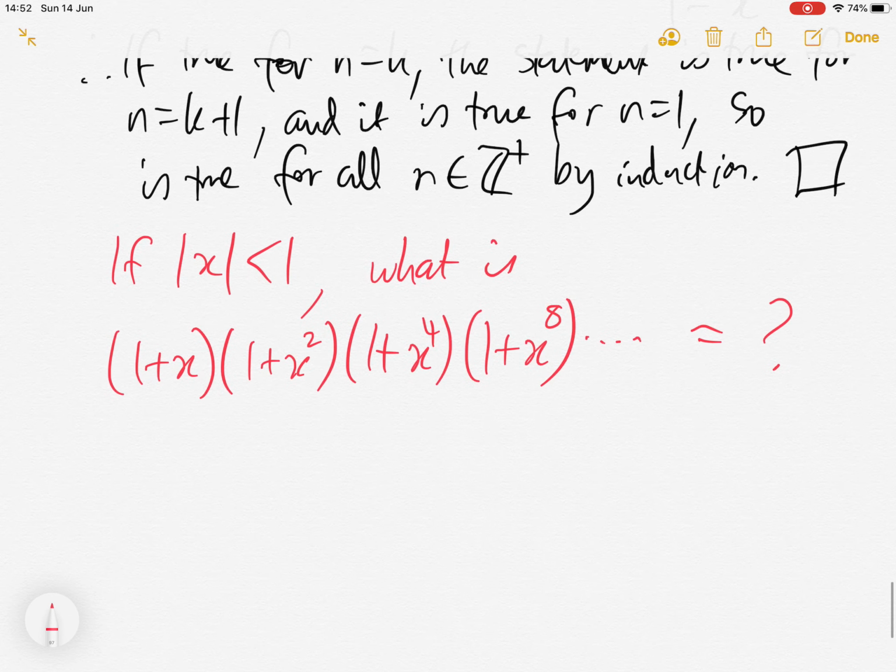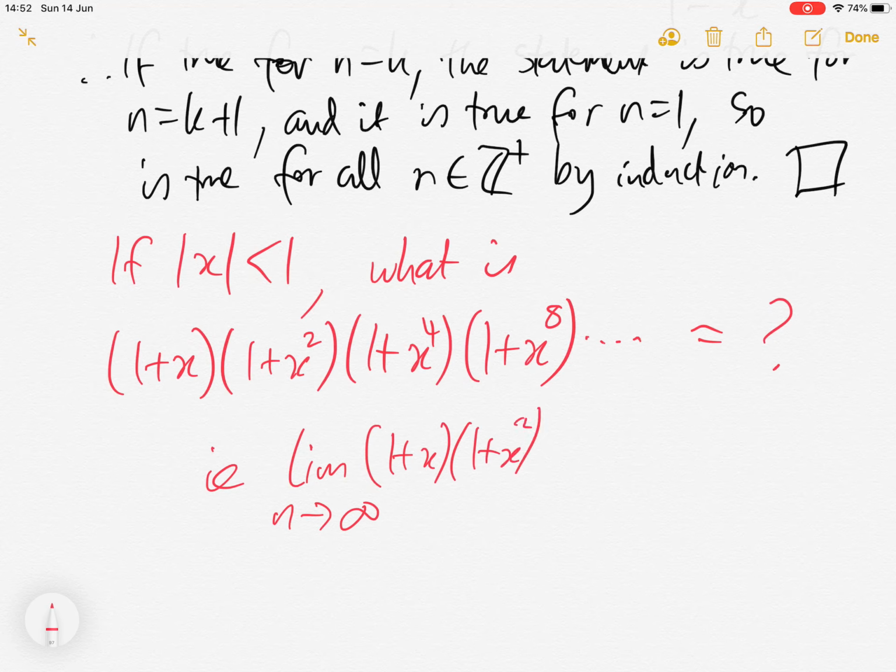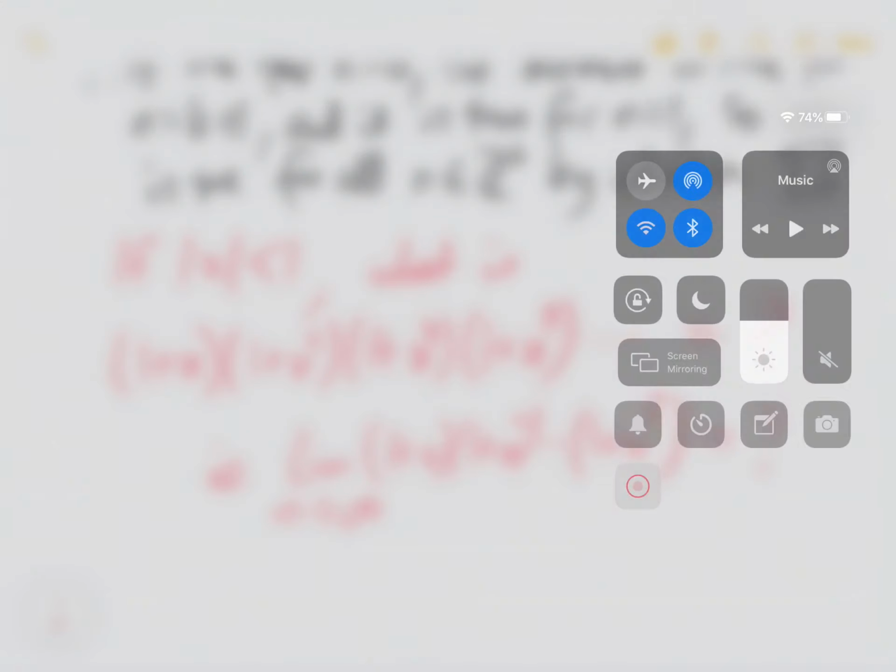So this is really the limit, isn't it, of this thing we've just been looking at. So I won't tell you the answer, that's something for you to think about, but hopefully it isn't too hard using the example we've just done. And we'll stop there.